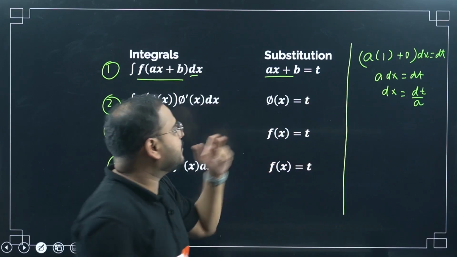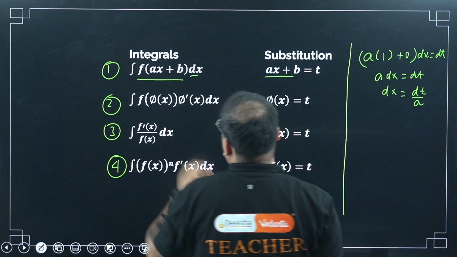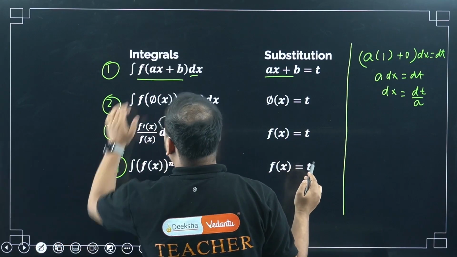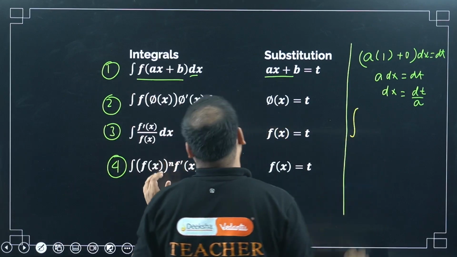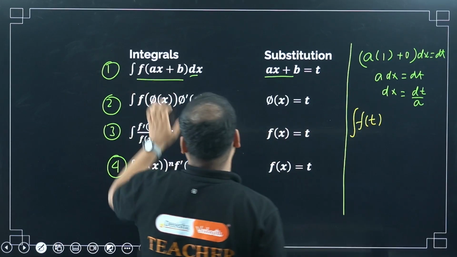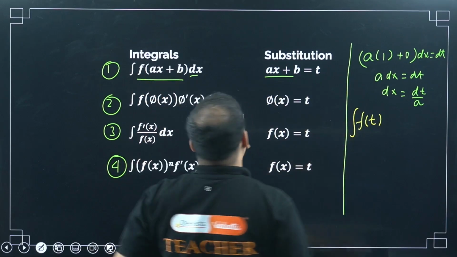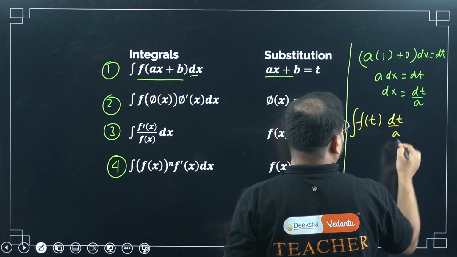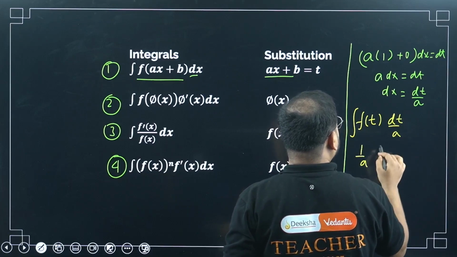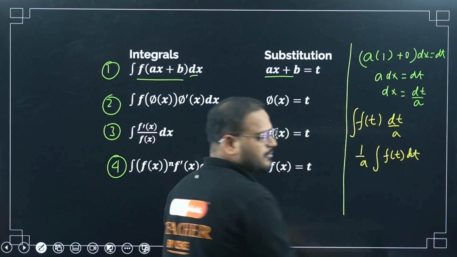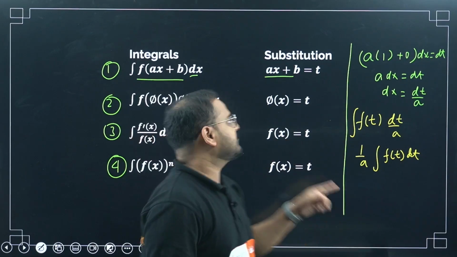Now this integration becomes the integral of f of t, because ax plus b is t, times dt by a. I can take this a out because it's a constant. Now this becomes f of t dt. Whatever the function is, this is going to be easier to integrate than the original.